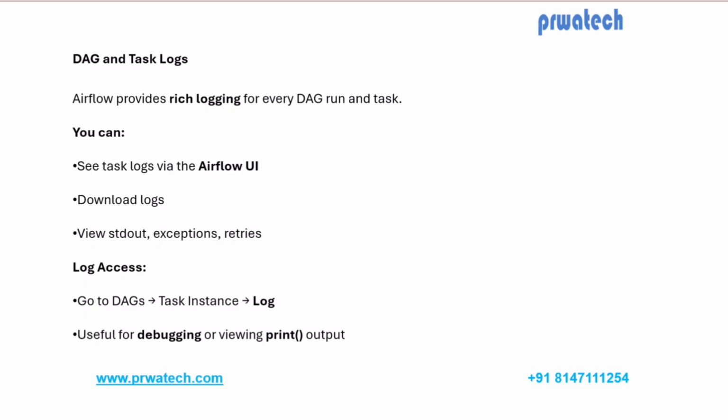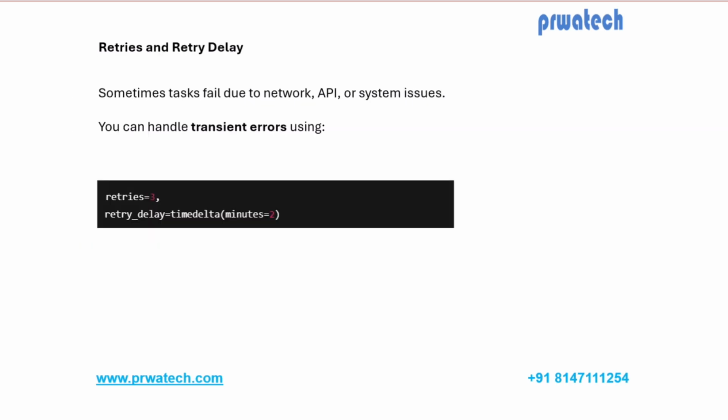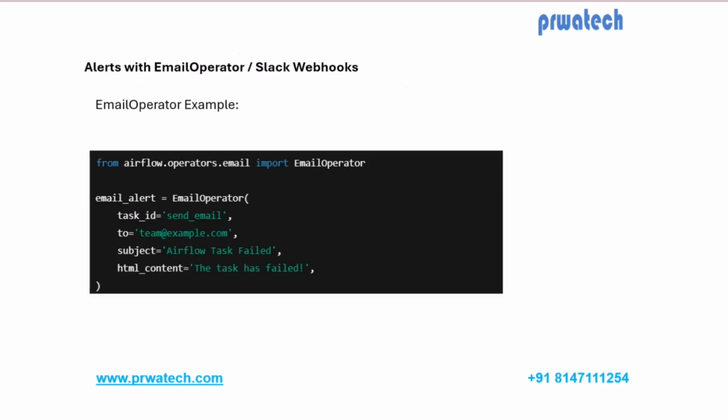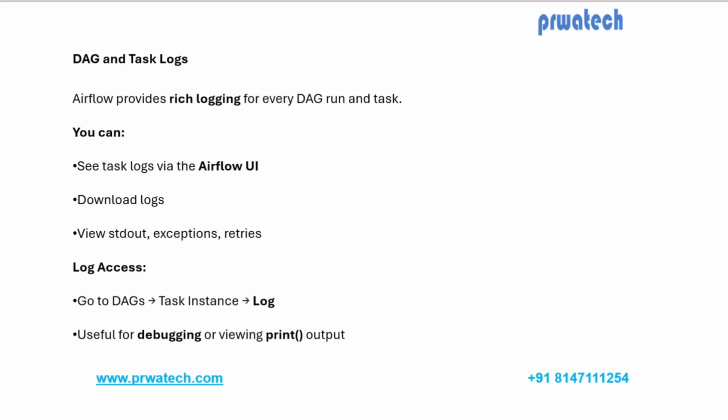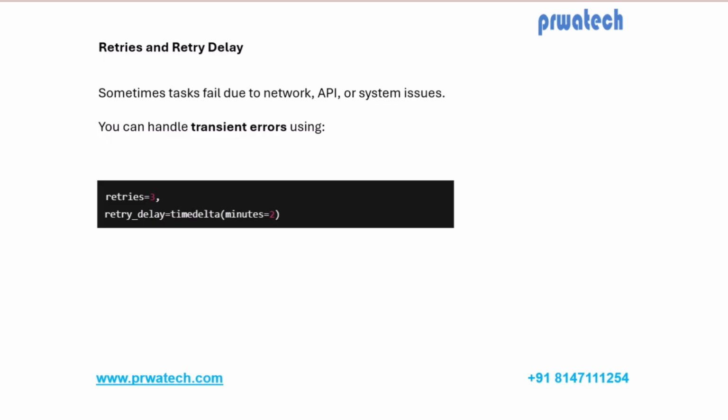If your Python operator fails, go to the log to see if it was a bad API call, a missing variable, or a typo in your function. Retry and delays.